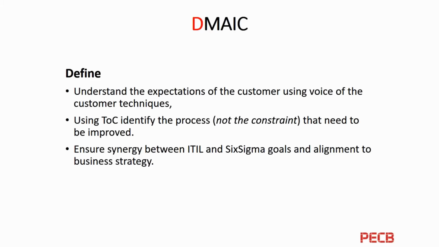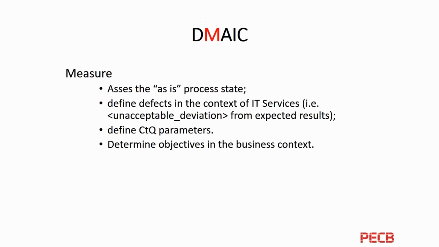During this phase, we will ensure the synergy between ITIL and Six Sigma goals and the alignment of both with the business strategy. The next phase, the second phase of Six Sigma, is measure. During this phase, as I said, we already took a step onto this phase during the previous one, but during this phase, we will assess the current processes.